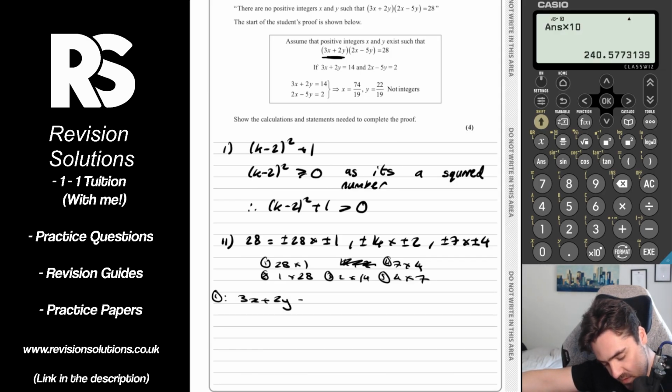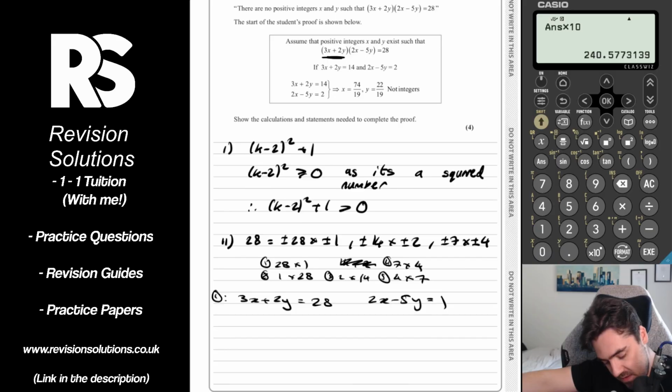That's 3x plus 2y is 28. And then the other equation we'd get from this would be 2x minus 5y equals 1. How should we rearrange this? No, let's rearrange. I've changed my mind.